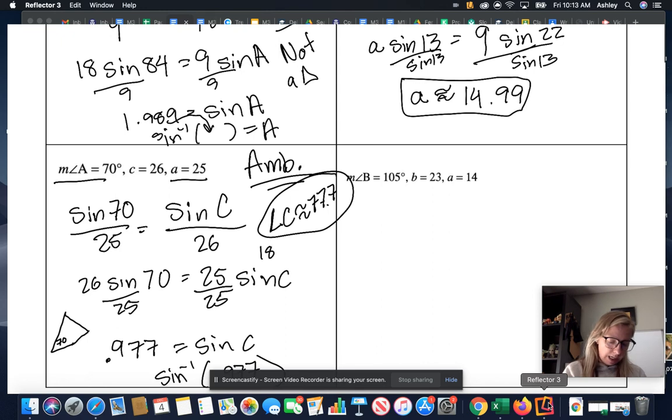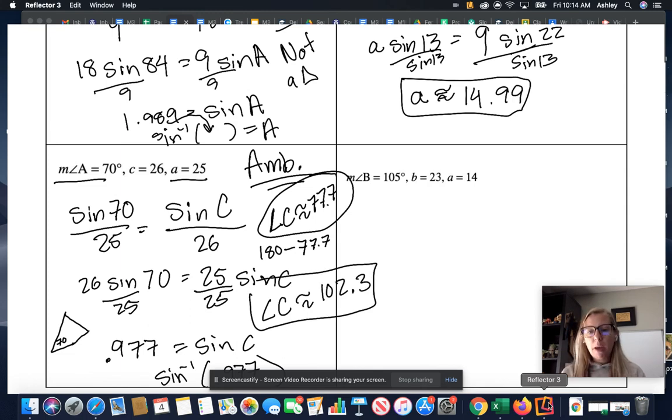So we're going to take 180 and subtract 77.7, and that's going to tell us what the other option would have been. Oh, and I said really small, but it could have been really big rather in this case. Could be 102.3.